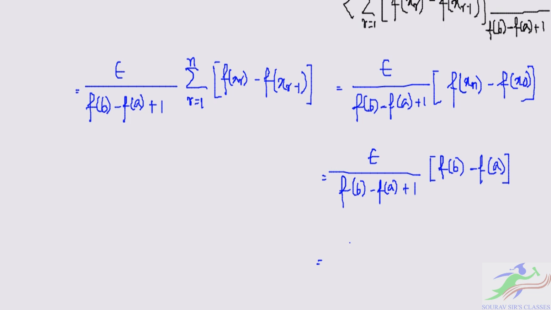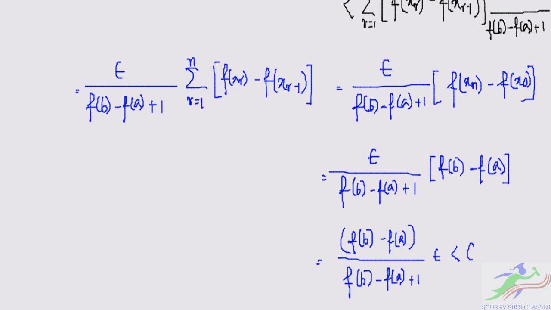So this is equal to f b minus f a divided by f b minus f a plus 1, times eta, which is less than eta itself.